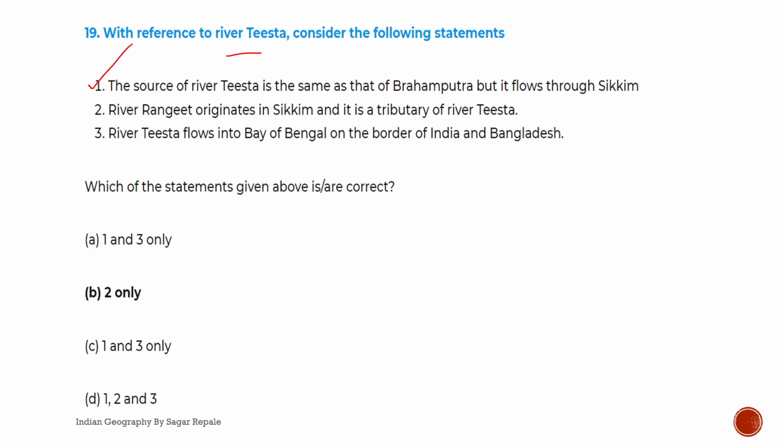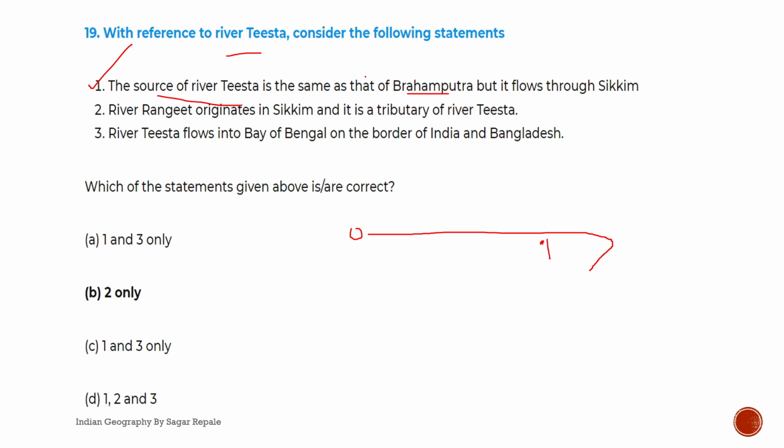First statement: the source of river Tista is the same as the Brahmaputra, but it flows through Sikkim. So we know the Brahmaputra river originates near Mansarovar Lake and then it flows eastward and along Namcha Barwa, it takes a sharp U-turn, while Tista river originates near Kanchenjunga.